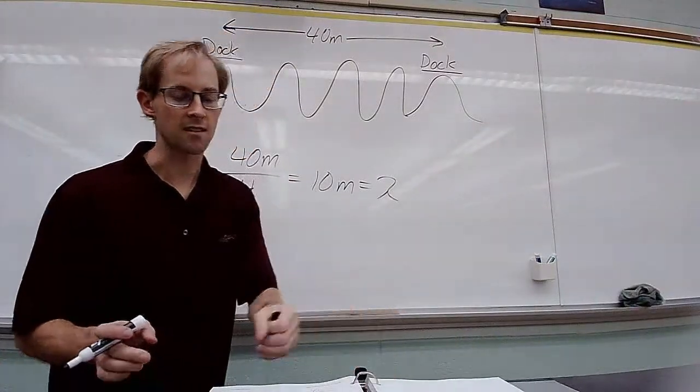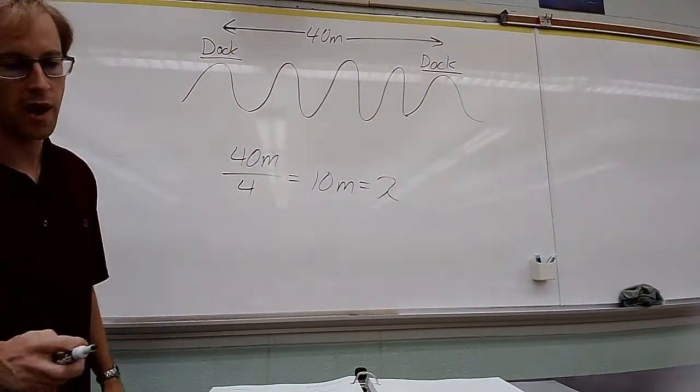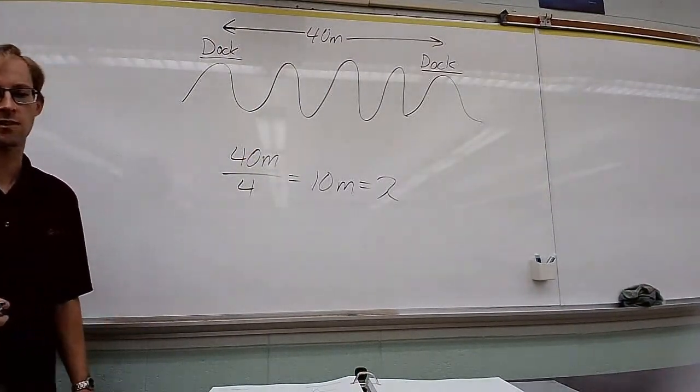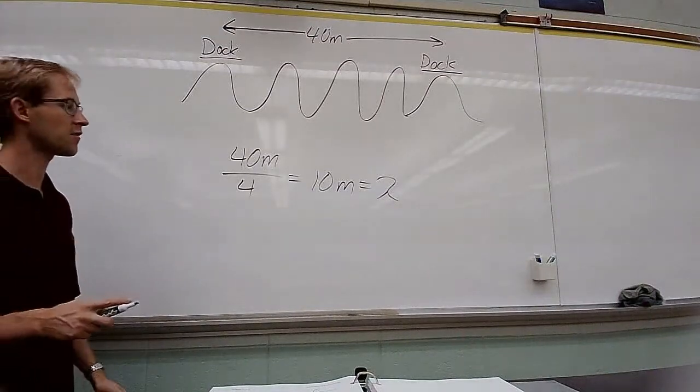Letter B says if 10 waves pass one dock every 16 seconds, determine the period and the frequency.